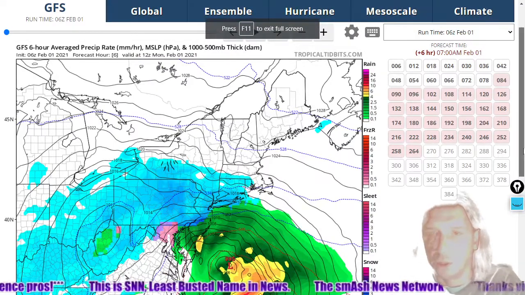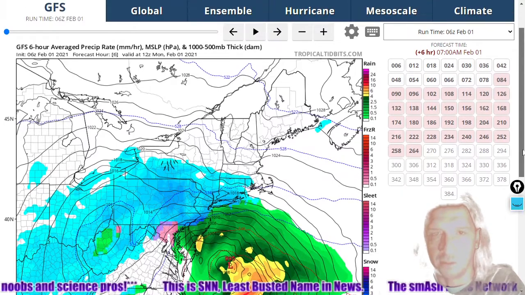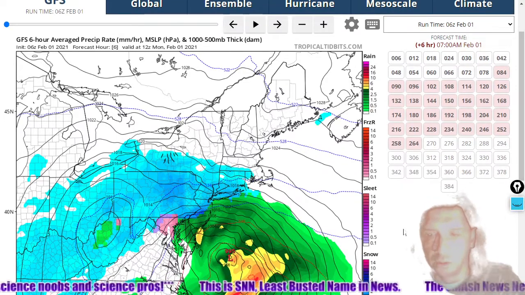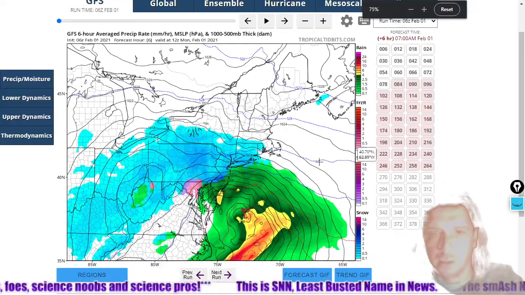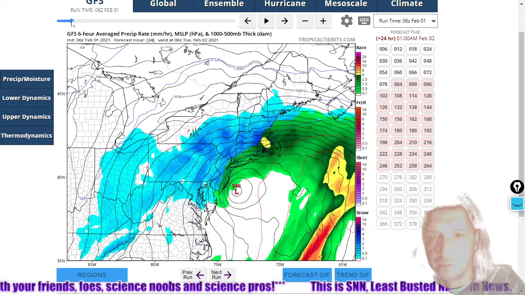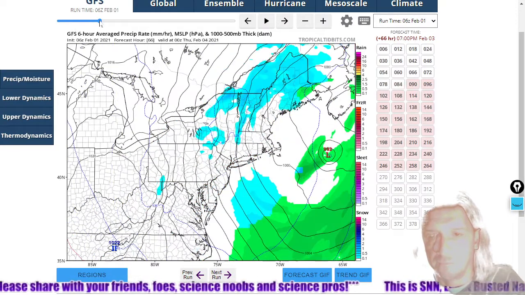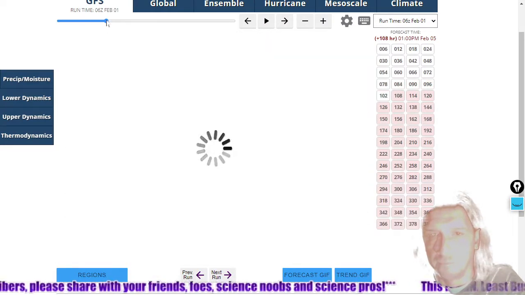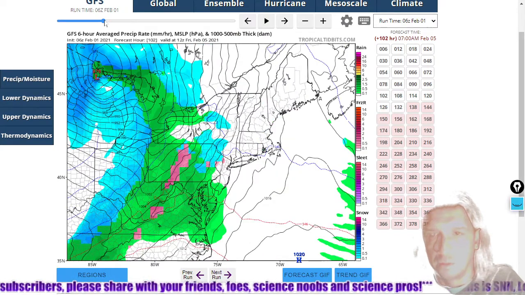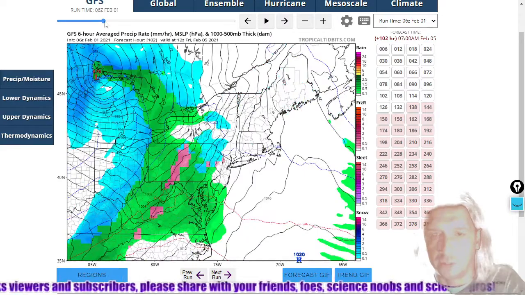And we're just going to show you the GFS forecast for when the system is expected to move out. So here we are on Tropical Tidbits. And this is going to show you all the precipitation. So there is a second system about to move in.